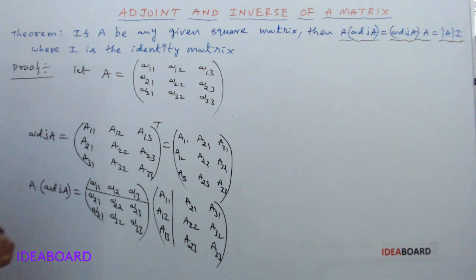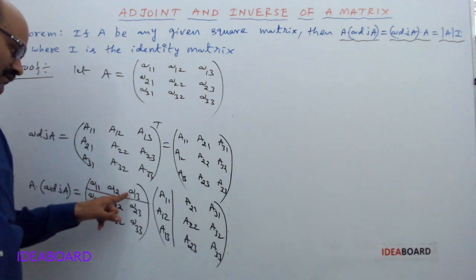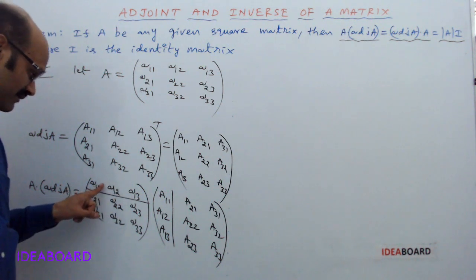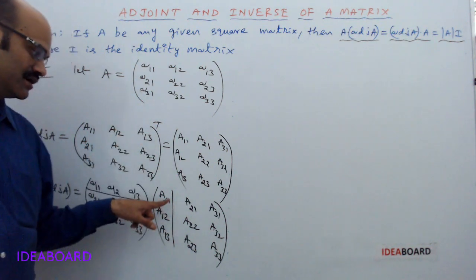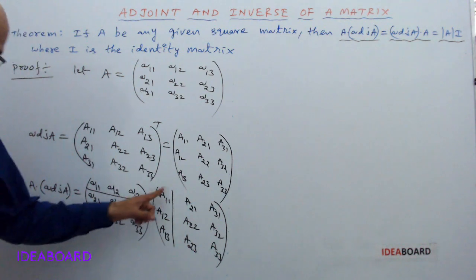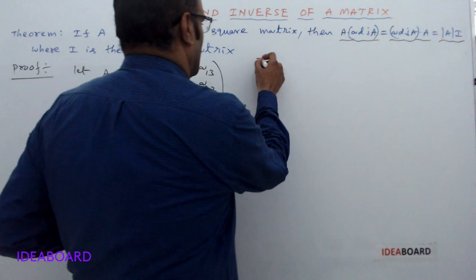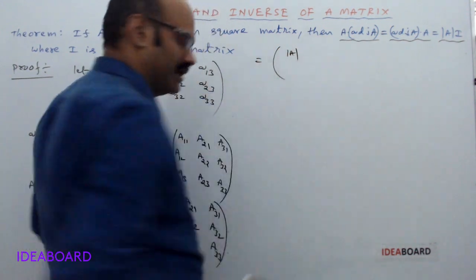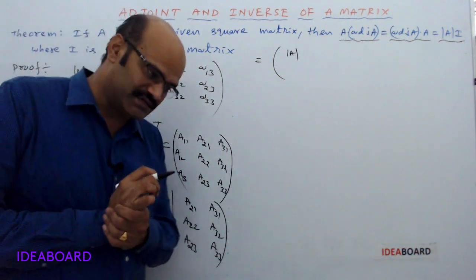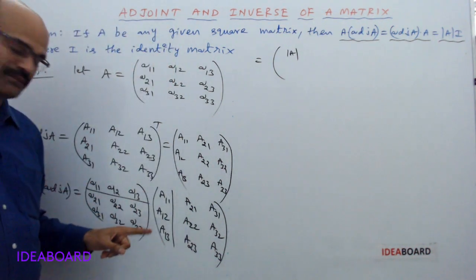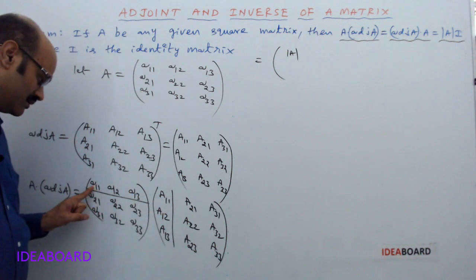We have the definition that if you multiply each and every element of any row with their corresponding cofactors and add, that will always be equal to det A. So this is nothing but the determinant of A. The definition of the determinant is the sum of the products of the elements of any row with their corresponding cofactors.